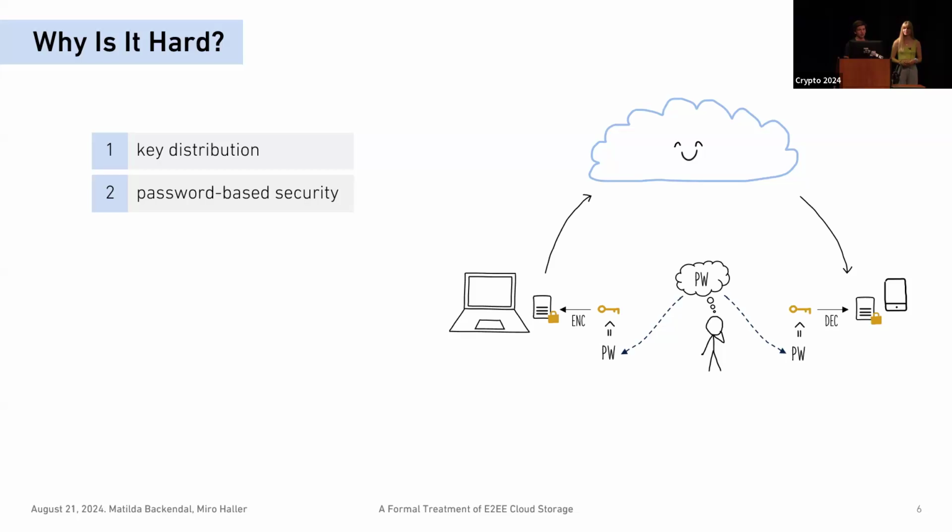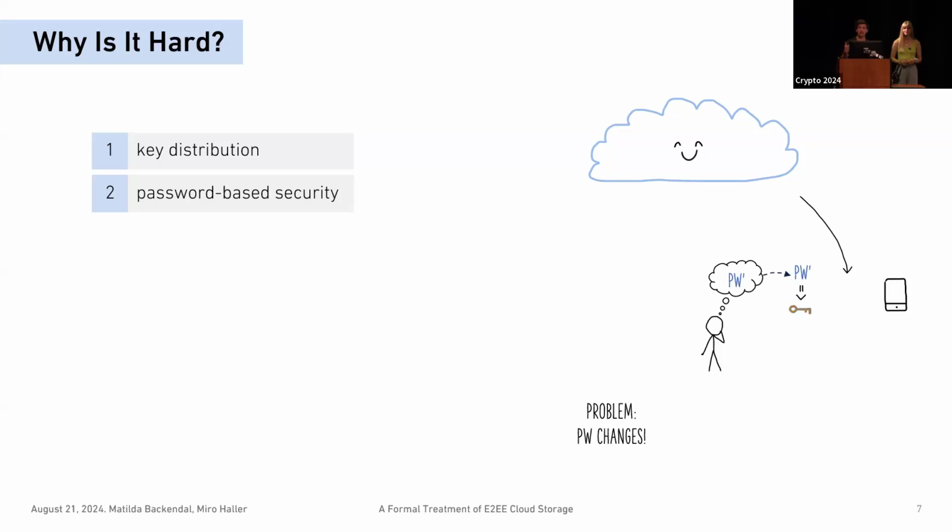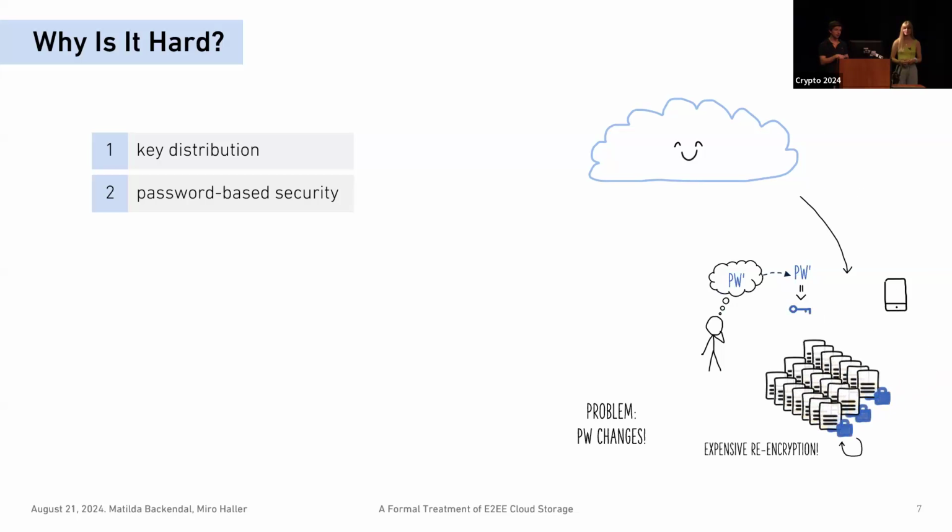But this, of course, means that the security that you achieve depends on the strength of the password. But there are also more subtle issues, and one of them is if the user wants to change their password, then that means that the key derived from the password also changes. And so this means that the user would need to fetch all of their data from the cloud storage and re-encrypt it with the new key before deleting the old one. Unfortunately, this is prohibitively expensive at the scale of cloud storage.